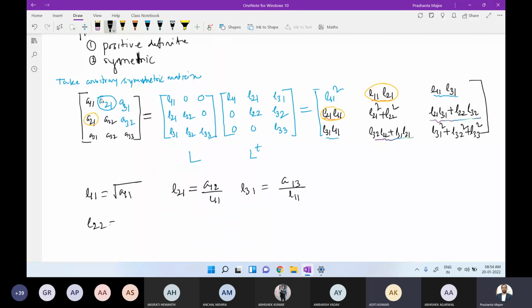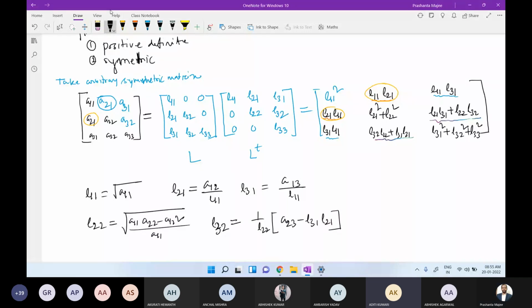So L22 will be under root, after simplification, A11 into A22 minus A12 square by A11, and L32 will be equal to 1 by L22 into A23 minus L31 L21, and the last element L33 will be under root A33 minus L31 square minus L32 square.